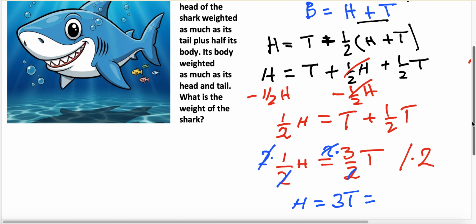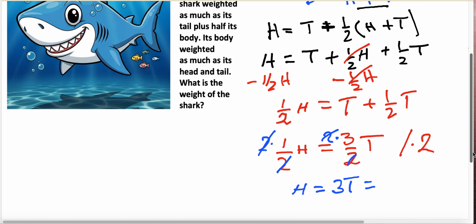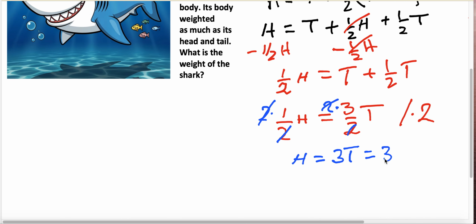But we already know the tail was weighing 200 pounds. We have here 200 pounds. And we can substitute instead of the tail the numerical value, 3 times 200 pounds. So the head is equal to 200 times 3, which is 600 pounds.